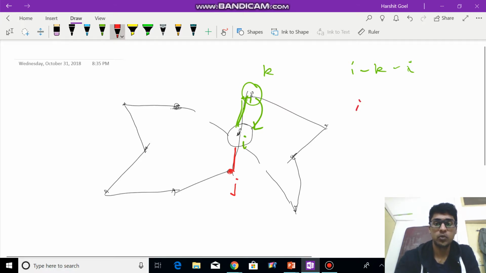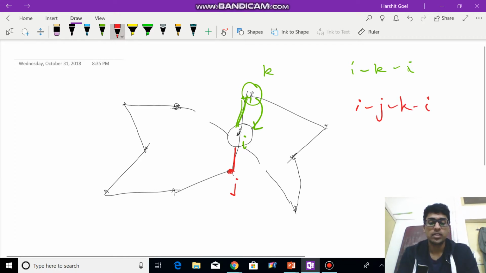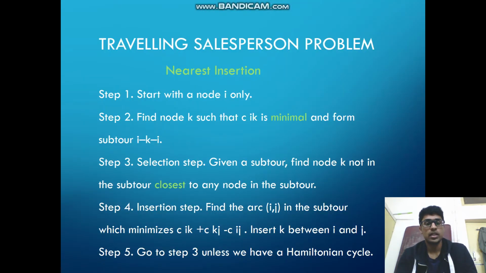So the final subtour would be i, j, k, i. We inserted j in between i and k because doing this increases the distance by the least amount, as compared to if we had chosen any other node and inserted it between, say, k and i over here. So that's basically the nearest insertion heuristic.